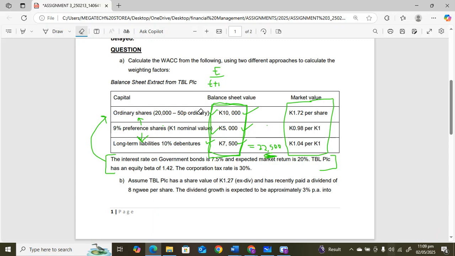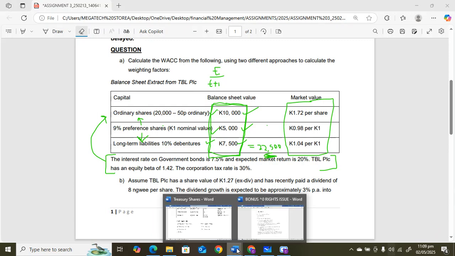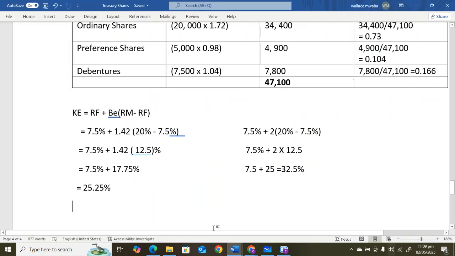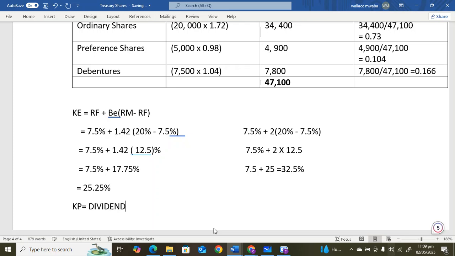So if preference shares are irredeemable, where they haven't mentioned any maturity date, it's just the dividend for the preference share divided by the market price.